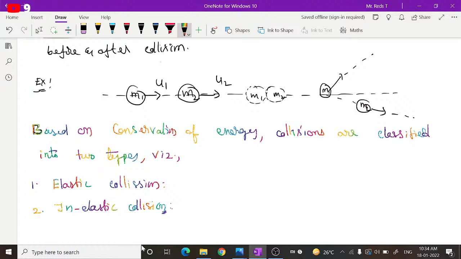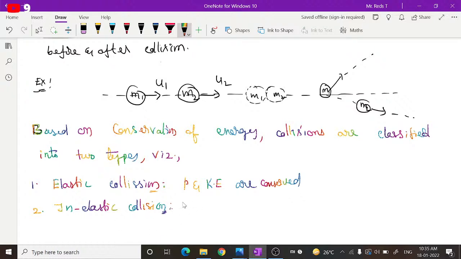So write down. What is elastic collision? The collision in which both momentum, small p you can write, and kinetic energy are conserved is called elastic collision.